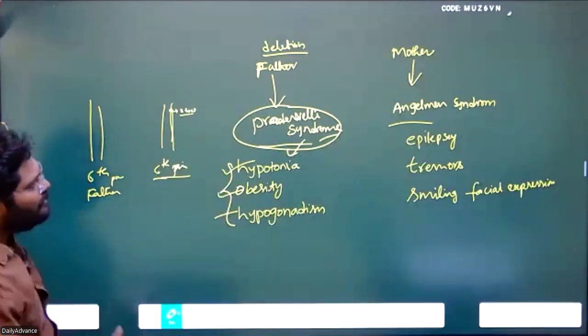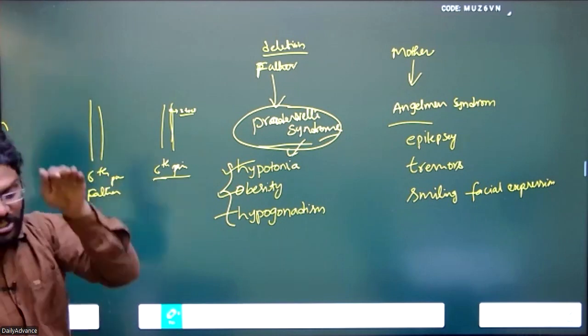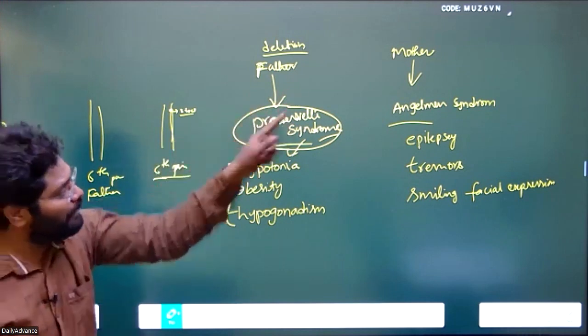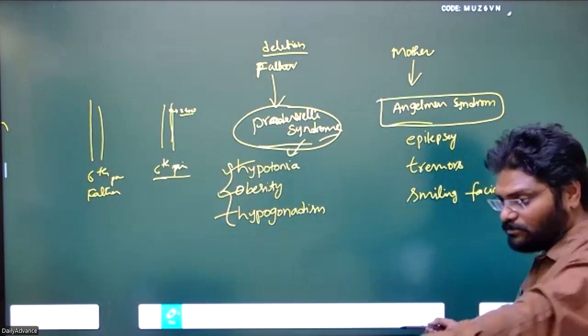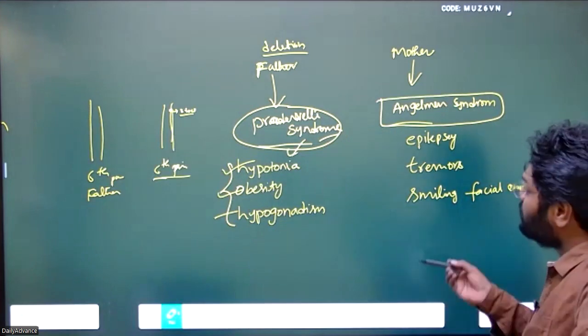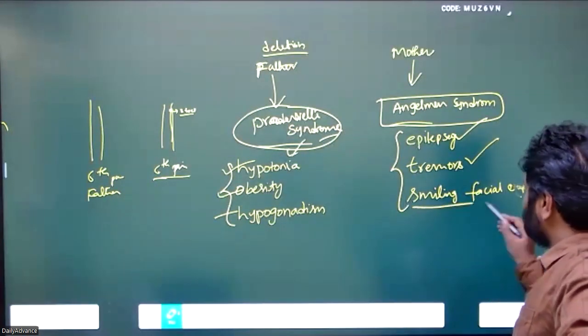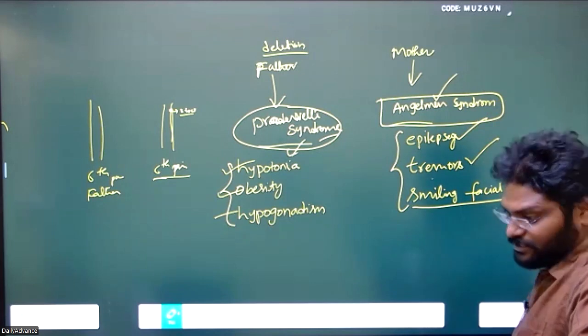The children are born with the deleted or shortened chromosome inherited from the mother, and it expresses epilepsy, tremors, and a smiling facial expression. This they named Angelman syndrome.